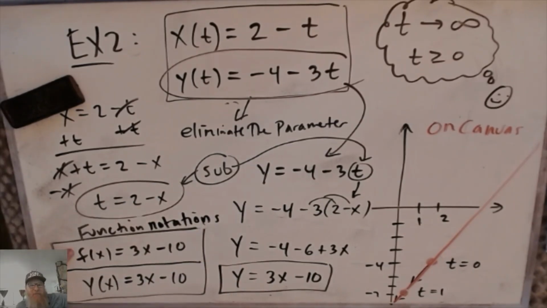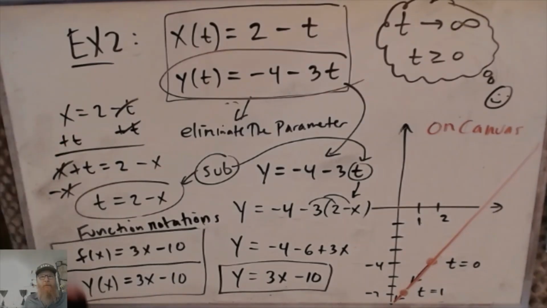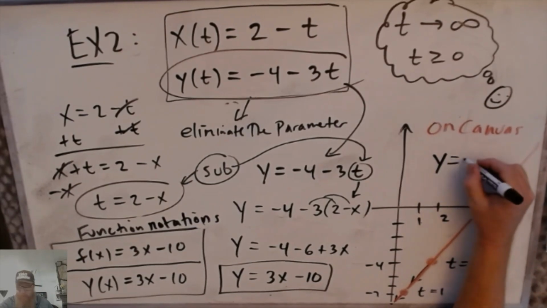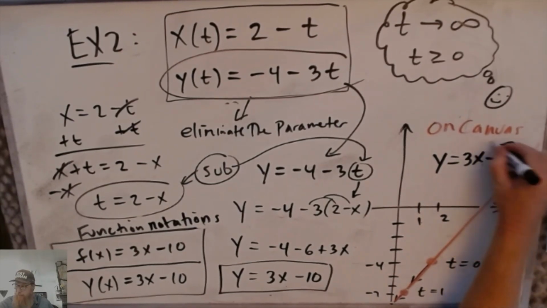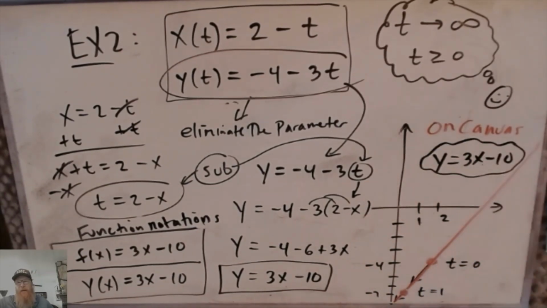You could say f of x, 3x minus 10. But another type of function notation is just not to use the letter f, but just to keep it written as y. Okay. So basically, these three answers are all this exact same line here. Y equals 3x minus 10.